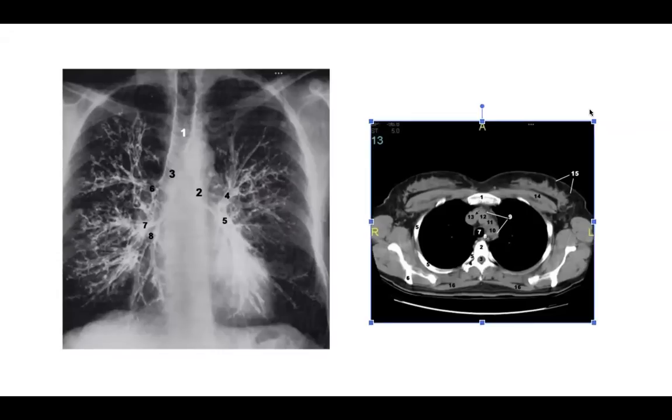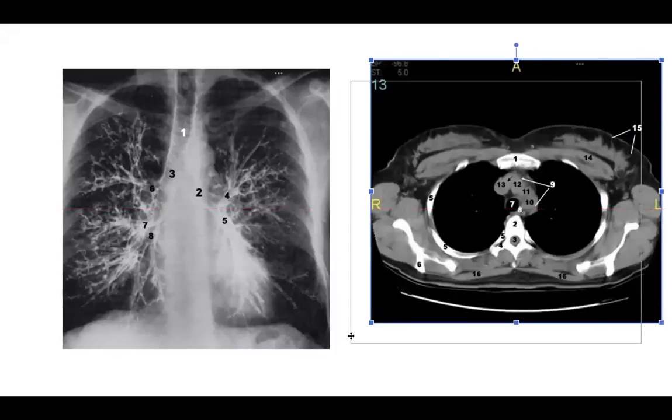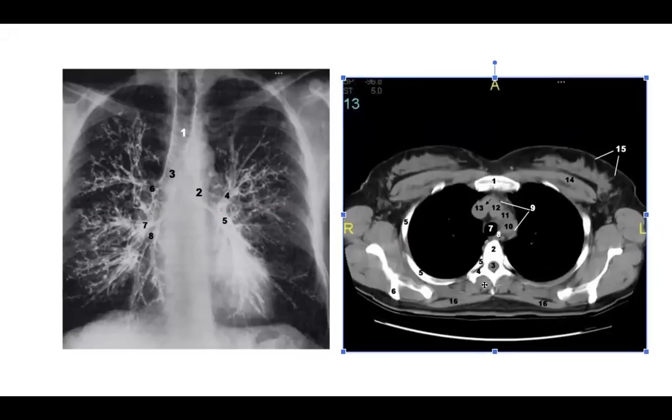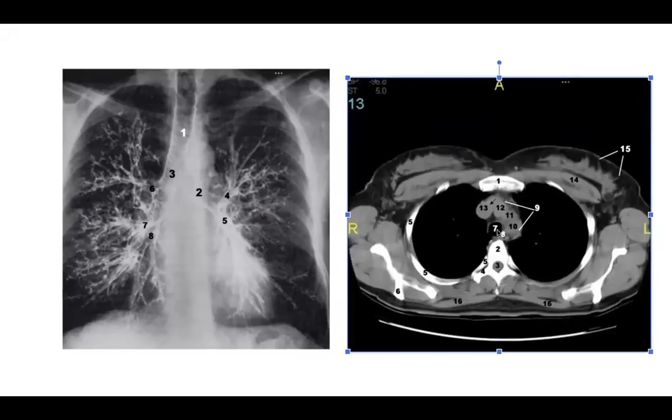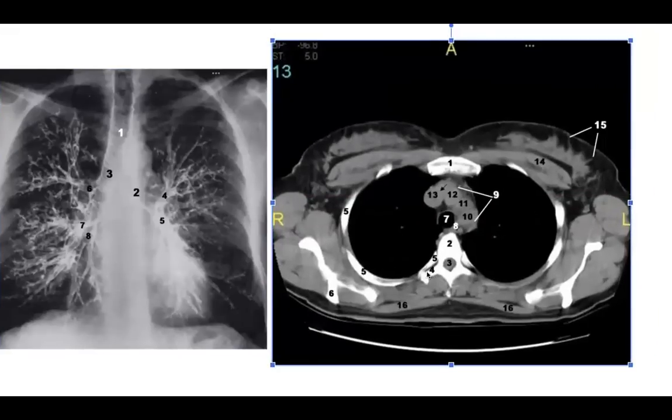Now, this picture we've already covered, so let's see if you guys remember what we did. So we'll cover most of these. So does anyone know the number 7? What's number 7? Is it clear?